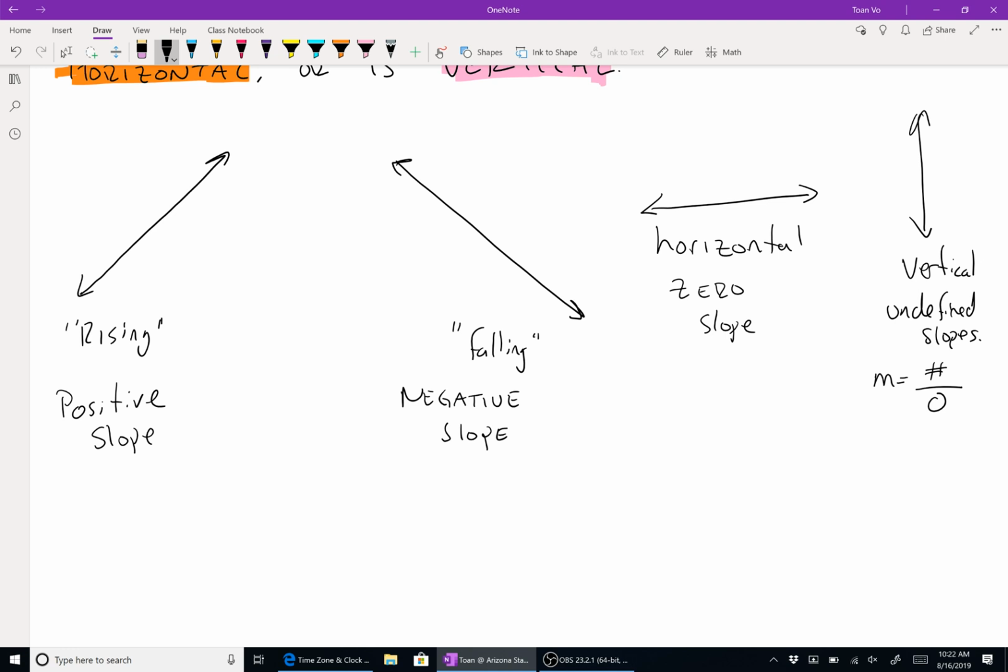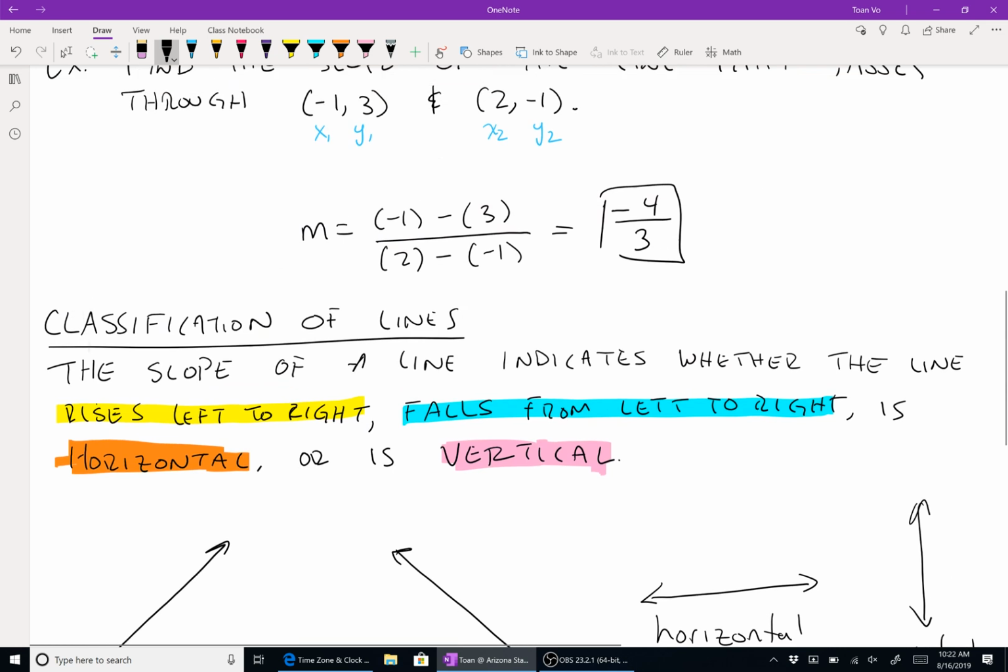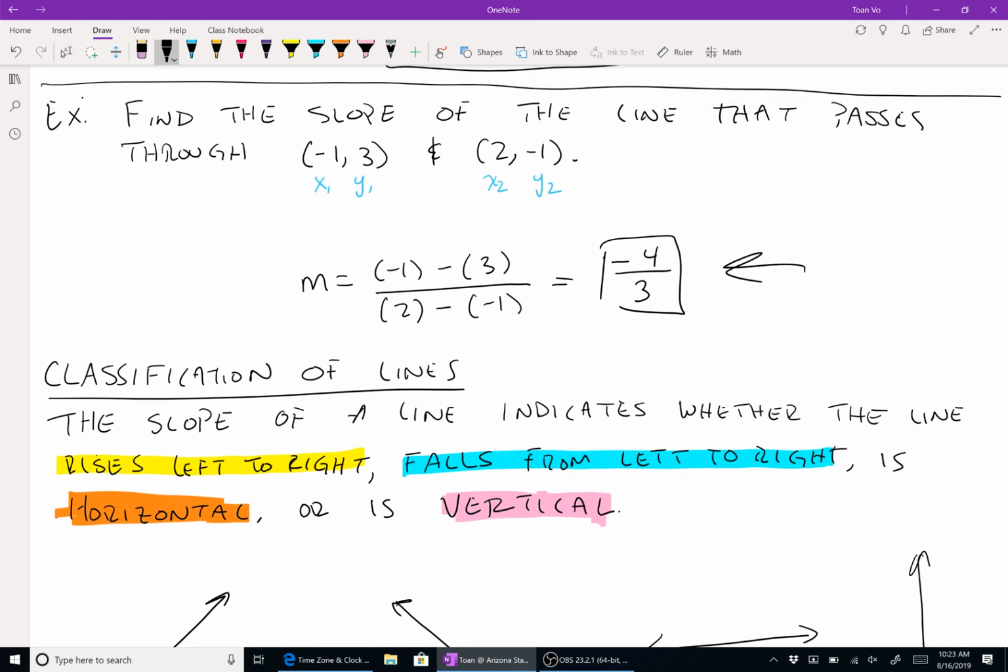So yeah, we could easily tell if a line is positive, negative, 0, horizontal by just graphing it. But you know what? That means you had to draw a coordinate plane. You could draw tick marks. That's a long time. By analyzing the slope, we can easily visualize what the line is doing by simply doing algebra. So for the previous example, we would classify this line as what?